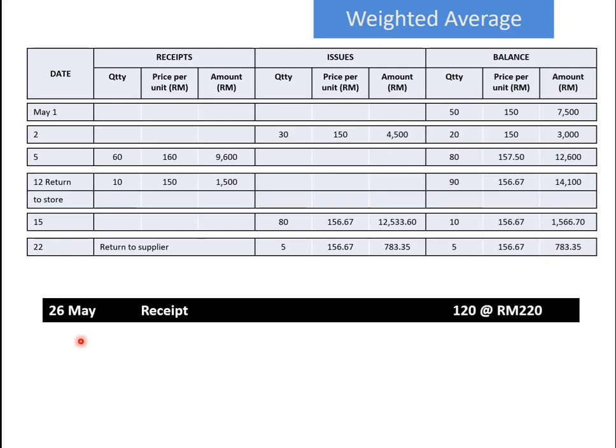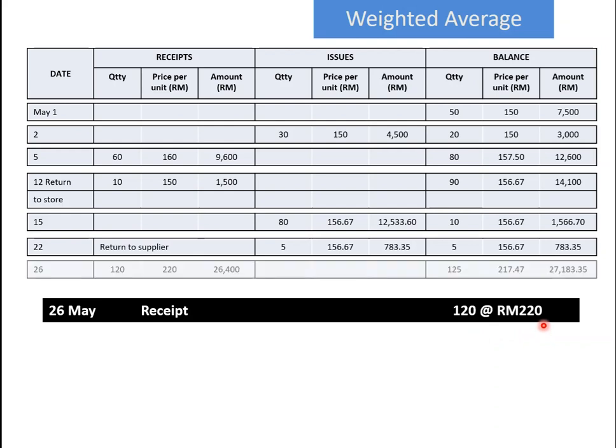And next, on 26 May, receipt of 120 kg at RM 220 per kg. So in the receipt column, we record 120 at 220 per kg, and then 5 plus 120, we get 125.